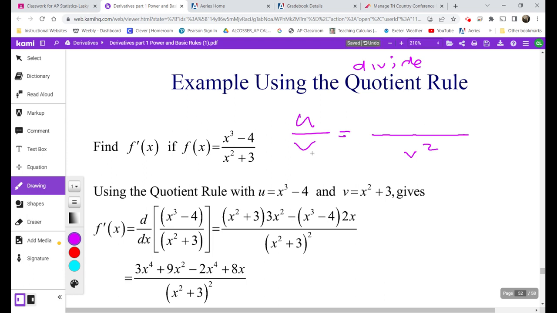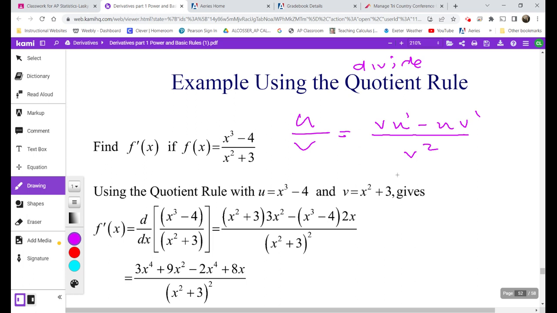So I start with v squared, so I'm going to square the bottom. And this is how I'm able to remember how this works. Since I have v squared here, v goes first, u prime goes second. Then I subtract u times v prime. Okay? Kind of see how that works? Square the v, then only use one of them to start it. That's the easiest way to remember it.